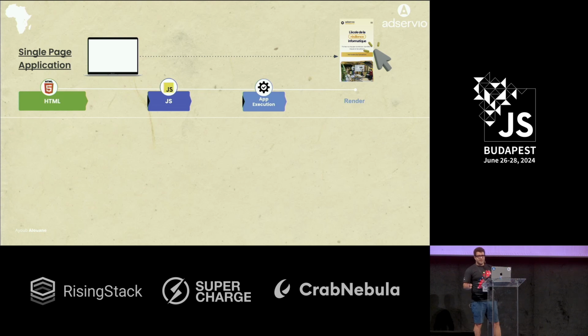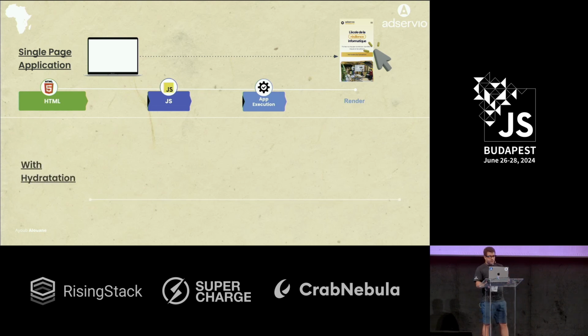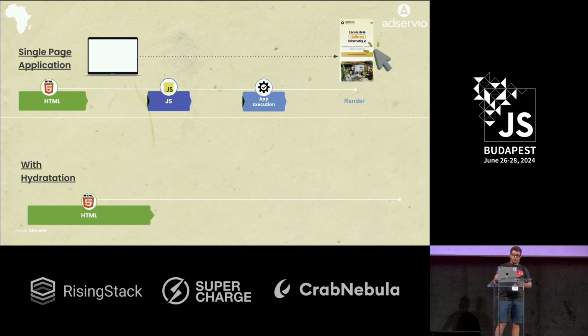If you think about that, you will have bad scores in Core Web Vitals, okay? So they tried to improve that. For example, if you're using Angular, they did something called Angular Universal to have SSR. So, to improve this process of rendering in single-page applications, we used something called hydration. So the question here is how hydration works.